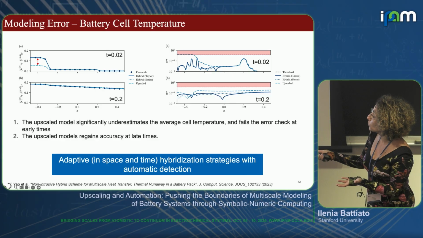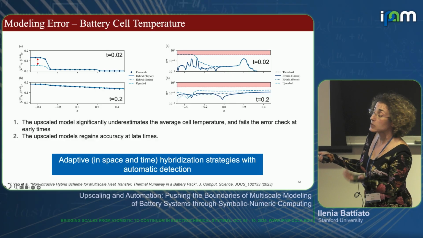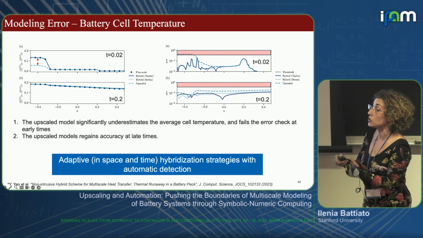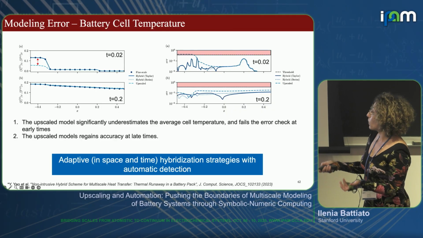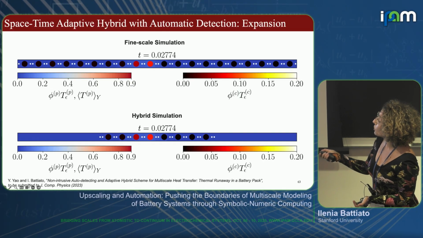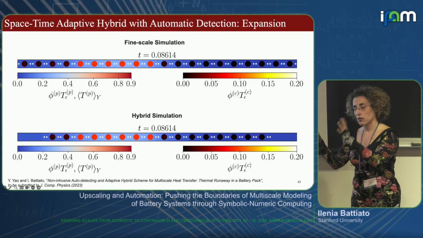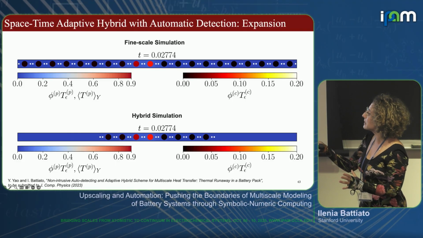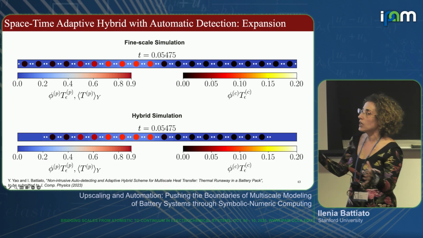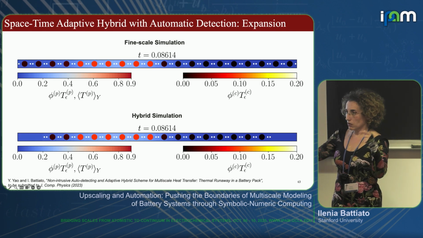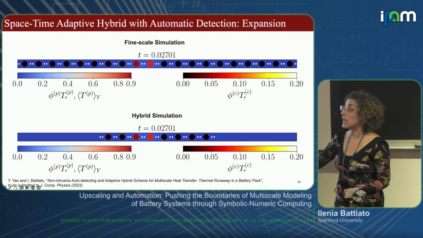So what we wanted to do is an adaptive in space and time hybridization strategy with automatic detection. What does that mean? It means that the system calculates quantities that are consistent with the theories and decides automatically whether we need to coarse grain or downscale.